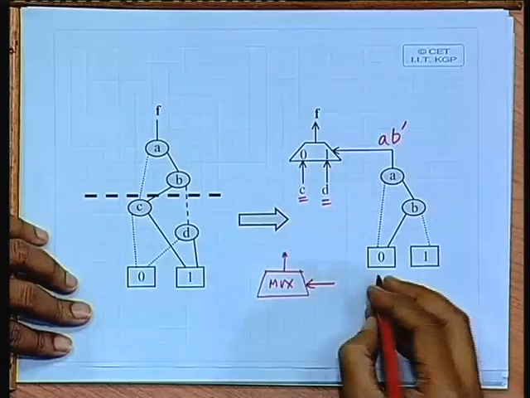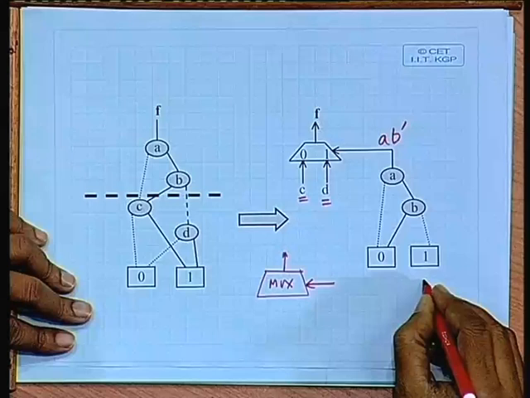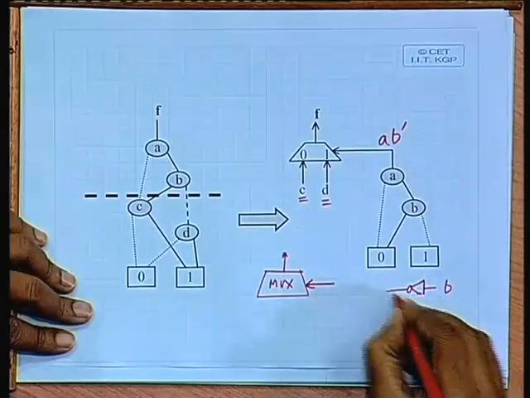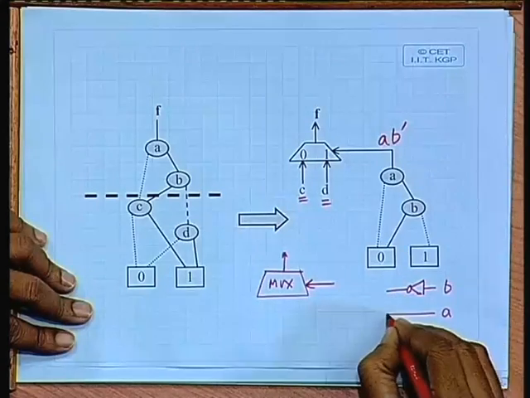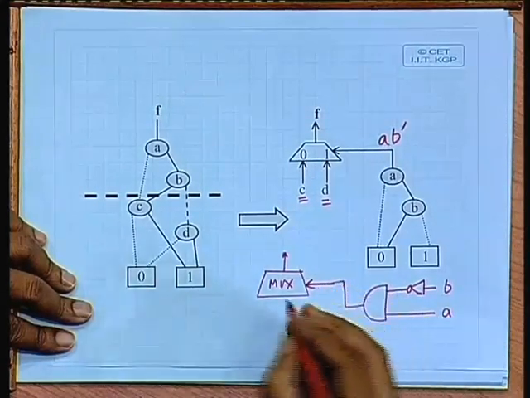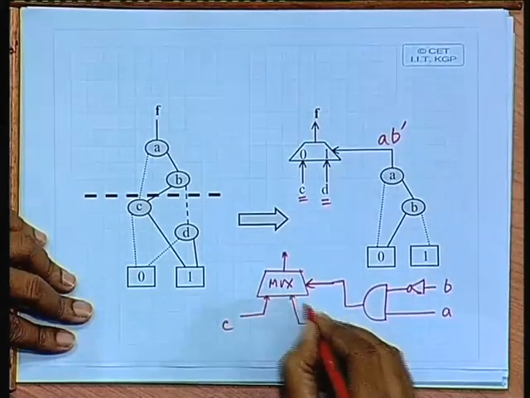Well, if you are using NOT and AND gates, you will have to generate B bar, use an AND gate and feed it. Here you get C, here you get D.